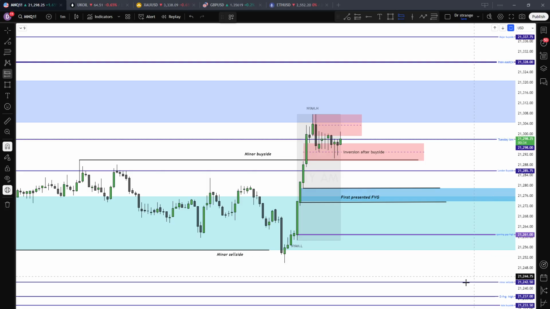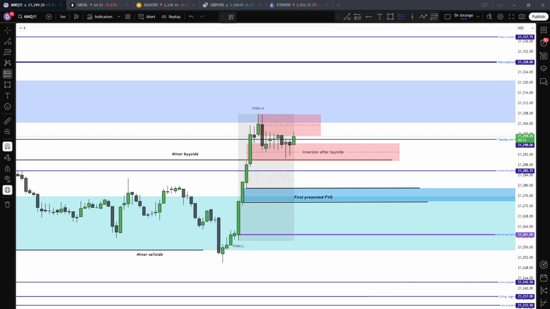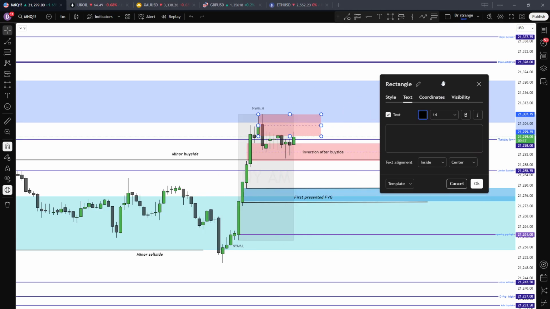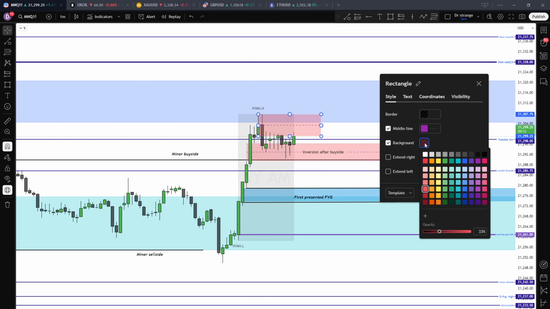Yeah, this is when you stay. This one is our order block. We want it to remain in the lower half. We don't want it to go up. If it goes up, then we are on the wrong side of the market.